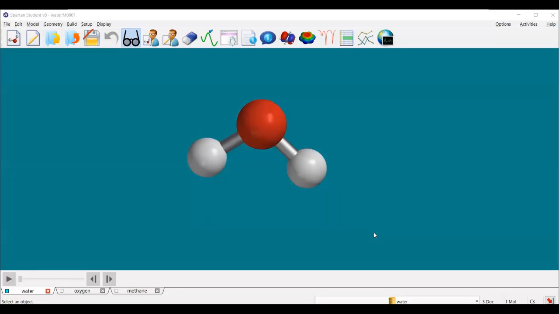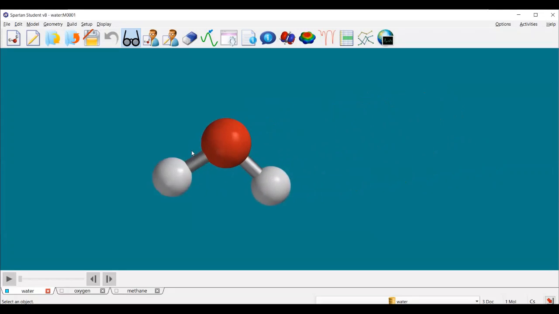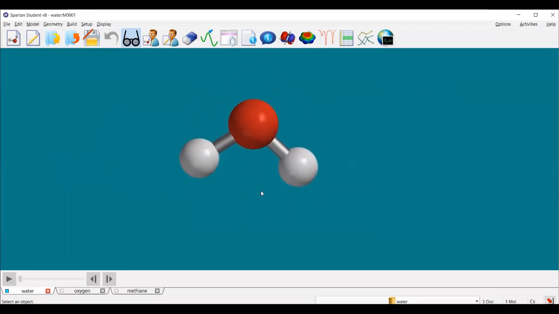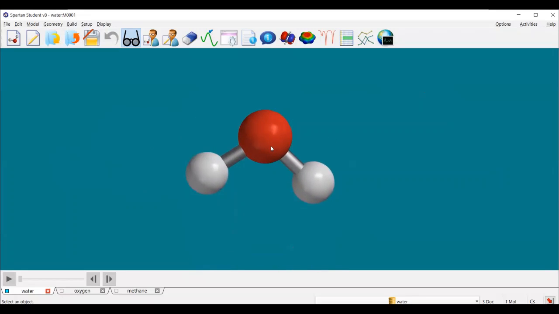All right, so this is a program called Spartan, and this can illustrate some of the ways that molecules can move. So one thing that I can do is take this molecule and move it side to side. So this is a translation, and I could also do up and down. That's another translation, or I could do in and out, farther and closer. That's another translation. I could also take this molecule and have it rotate.